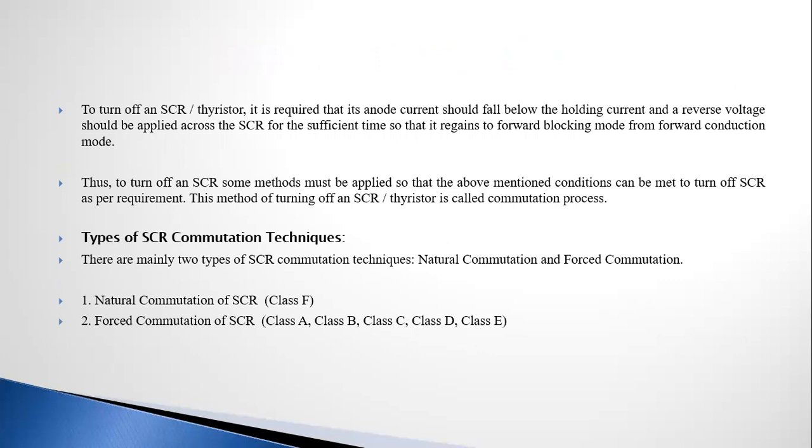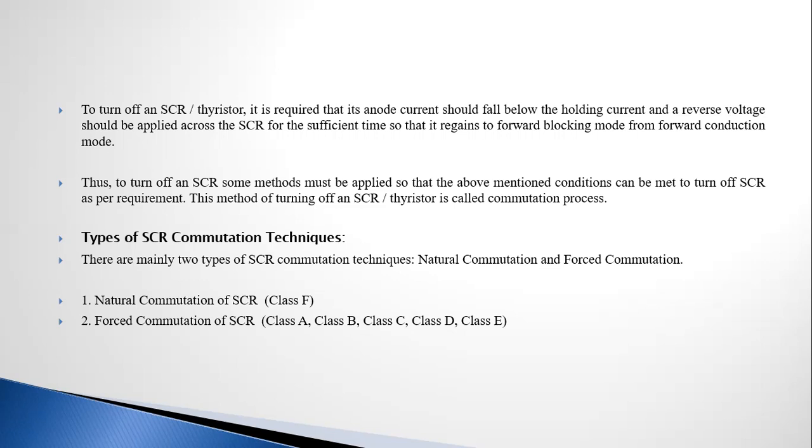Therefore, a method must be applied so that this condition is met as per the requirement. This method of turning off an SCR is called the commutation process.